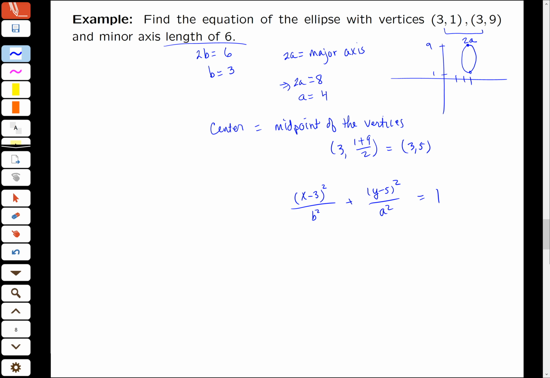B is 3, so what is b squared? 9. A is 4, so what is a squared? There's your equation. A lot easier to find the equations. Any questions on that?